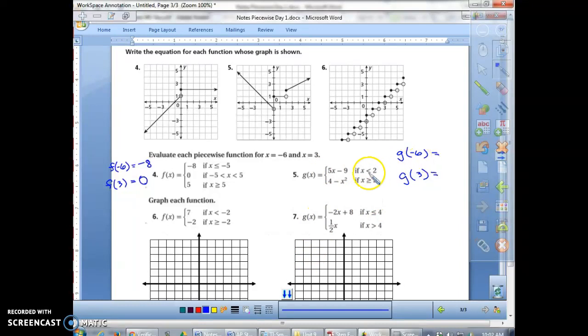I'm plugging in a -6. This is valid for all x's less than 2. So that means -6 is here, not here. Does that make sense? So I'm going to plug it in for this piece of the function. So 5 times -6 is going to be -30. So it's going to be -39. Are y'all getting it? Like, is it simple, or are you just quite not awake or something?